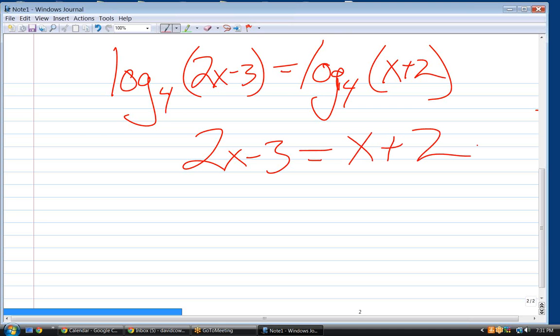Solve that. So then we just subtract x from the right side and put it in. Okay. So give me the next line. So x minus 3 equals 2. And the next line? x equals 5.